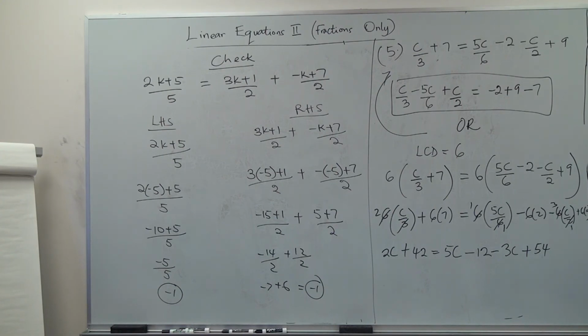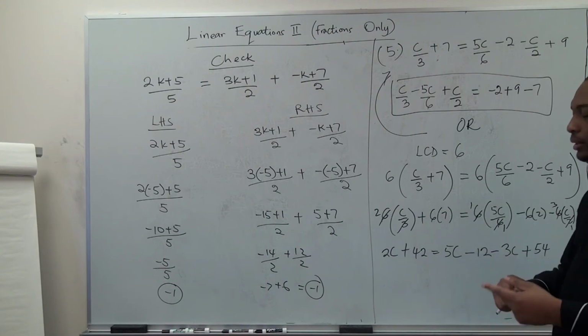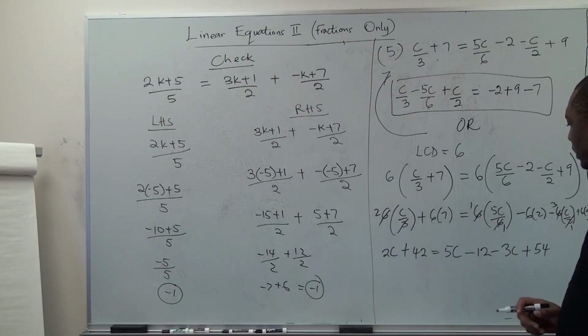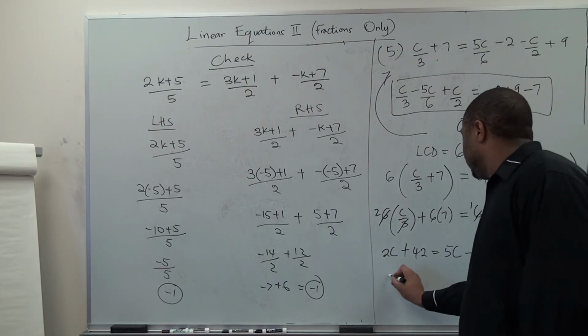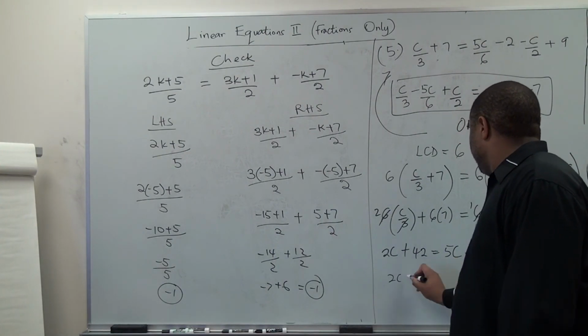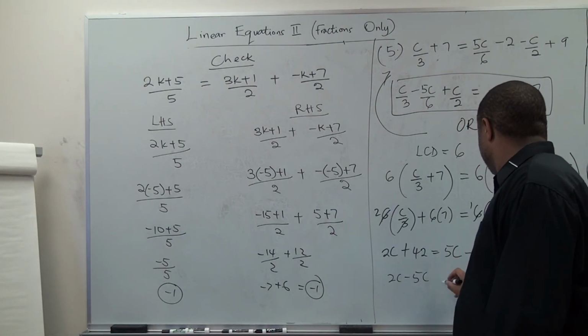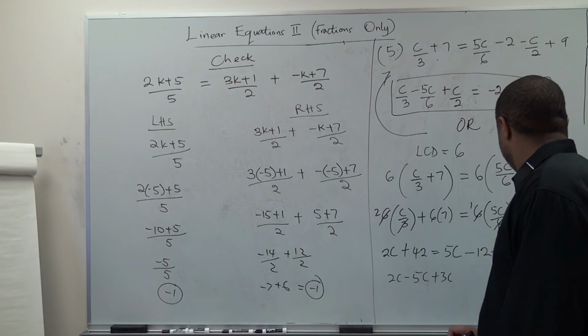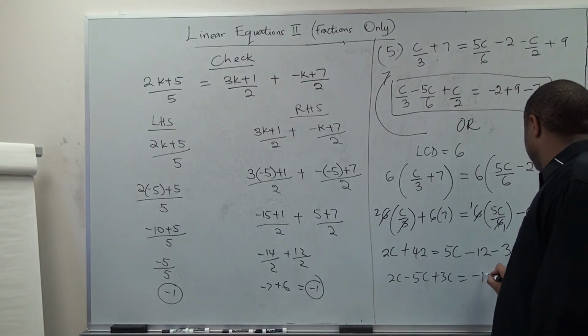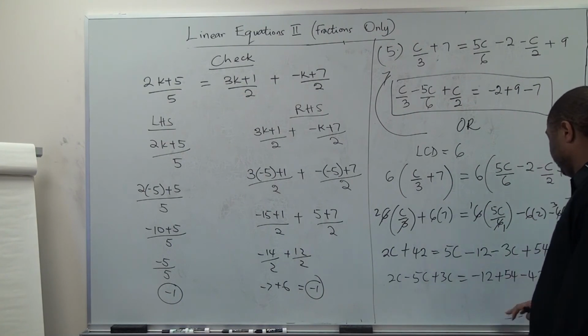So this gives, 3 will cross out, 3 into 3, 1, 3 into 6, 2, 2c plus 42 equal to, 6 crosses out 1, 6 crosses out 1, 5c minus 12, 2 crosses out 1, 2 into 6 is 3, minus 3c plus 6 times 9 is 54. Right? So we can now get everybody, variables on the left, constants on the right. So this is 2c minus 5c plus 3c equal to negative 12 plus 54 minus 42.